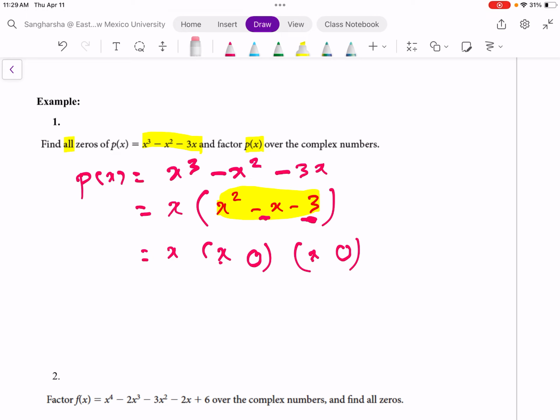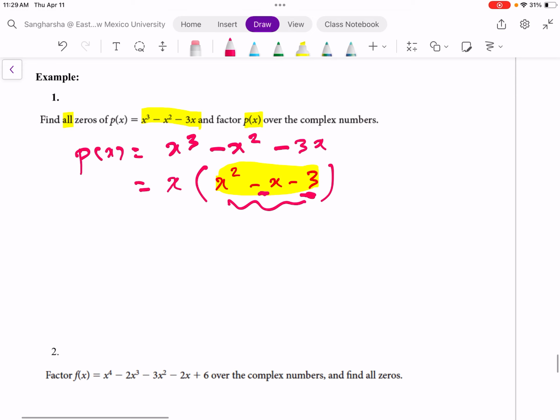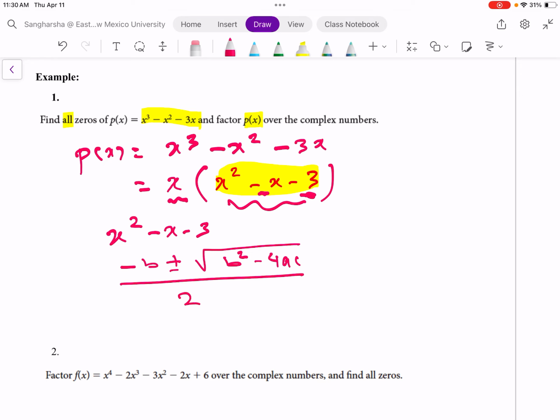Okay, so let's use the quadratic formula to factorize this expression. We already have one factor here. So we have x square minus x minus 3. Our quadratic formula is -b plus minus square root b square minus 4ac divided by 2a. Now what is b here?